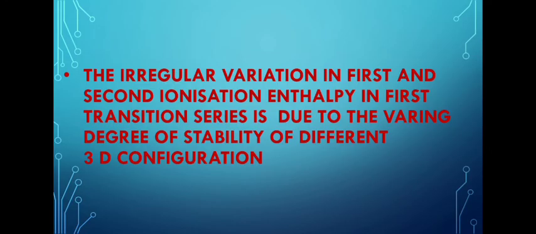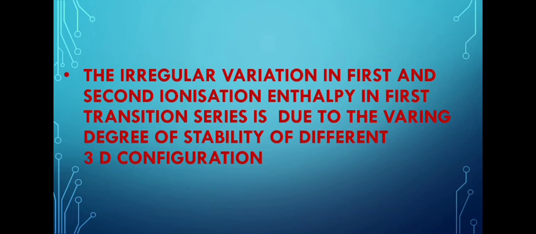Another point is that ionization enthalpy also depends upon the configuration of transition metals. It is generally observed that in the first transition series there is irregular variation of first and second ionization enthalpy. It is basically due to the varying degree of stability of different 3d configurations.